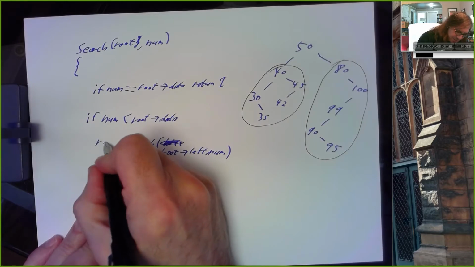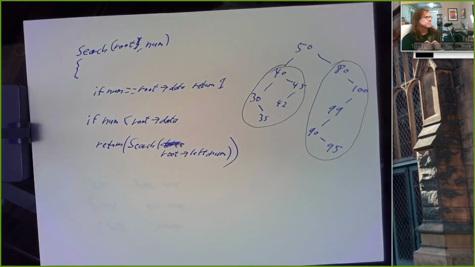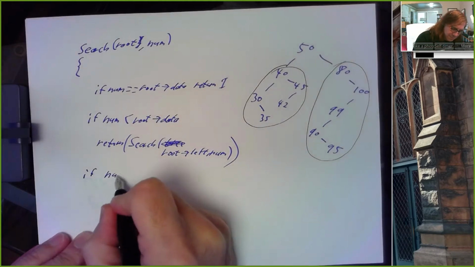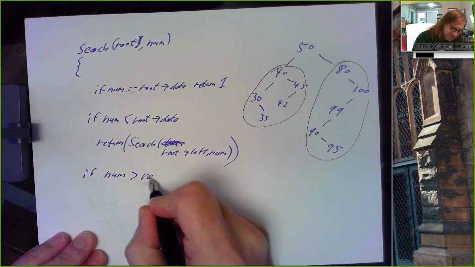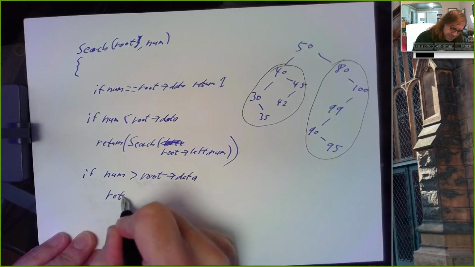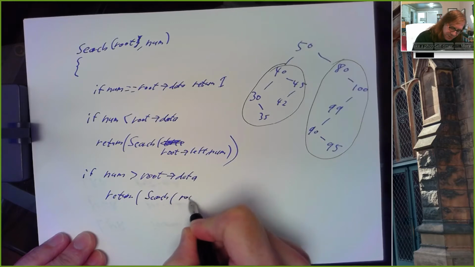So we can simply return whatever this function returns. But if our number is bigger than the root node's data, we don't want to search the left subtree. We want to search the right subtree.